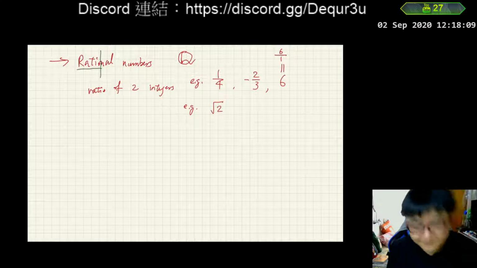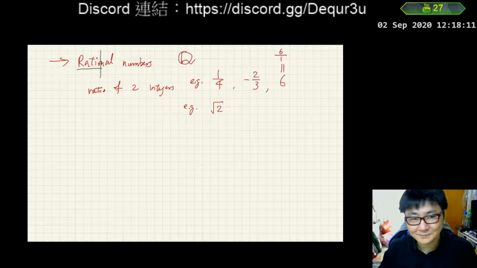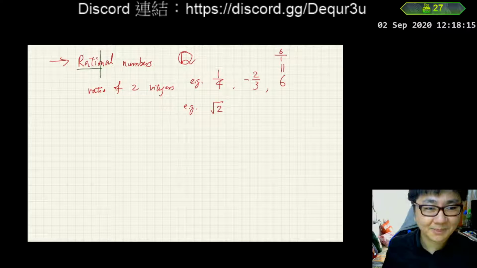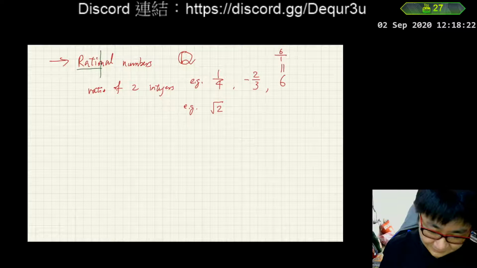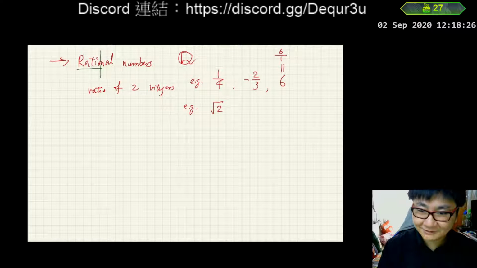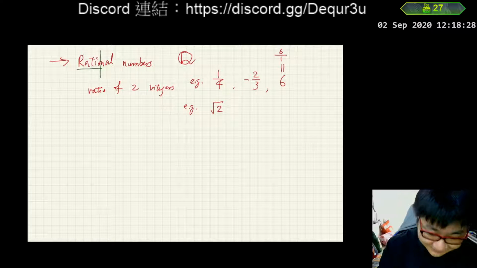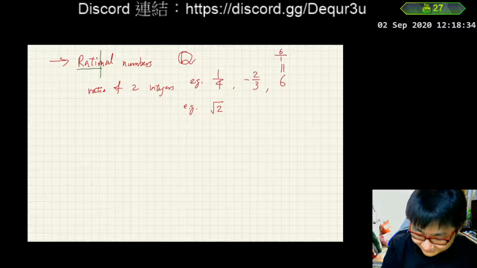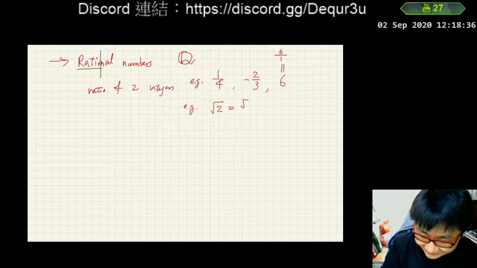Square root 2. What about square root 2? Okay, yeah, very good. You can say the other word, irrational number. Okay, no. But what about, is it square root 2 over 1?